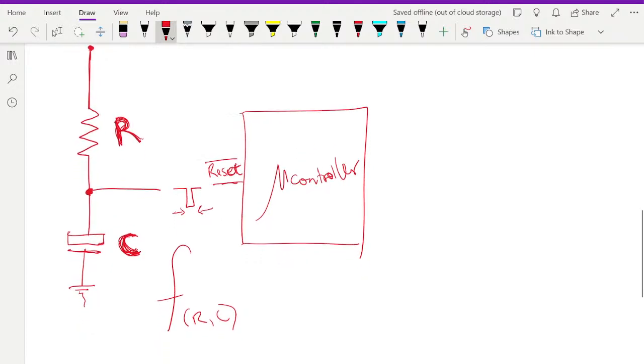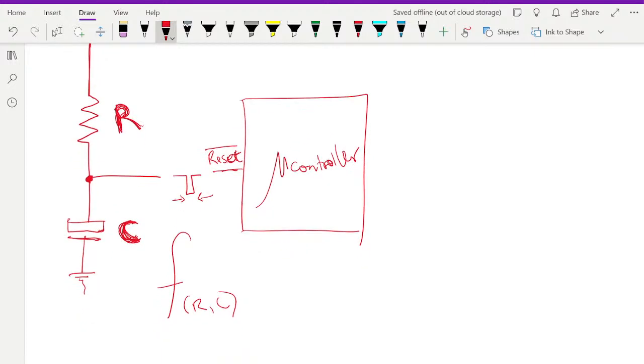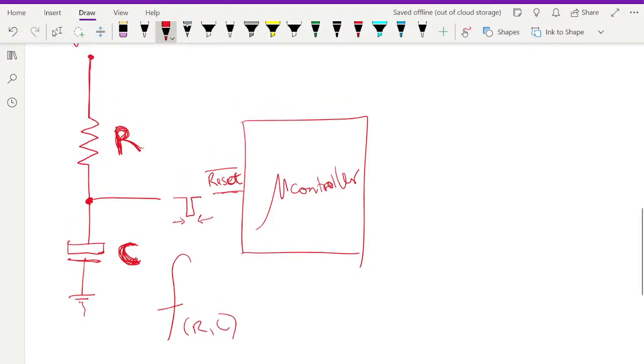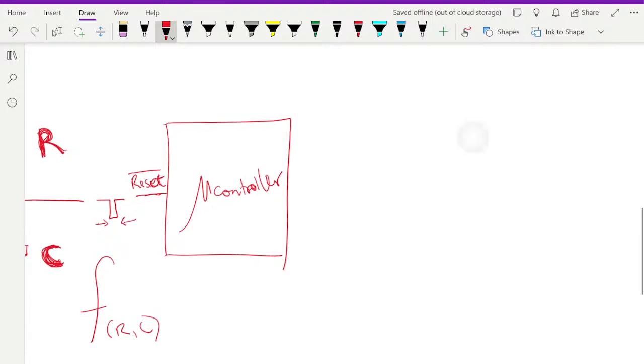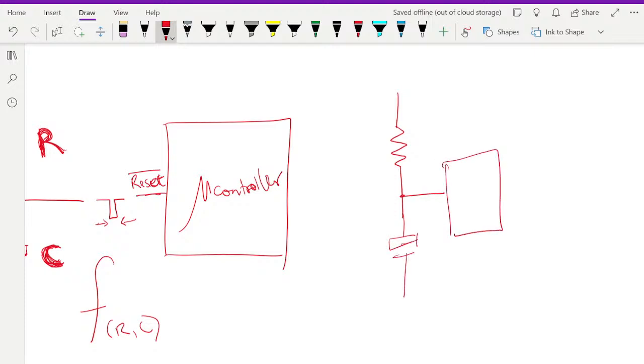This is one way. Another way is to do what we did now, to use the 555 timer and just connect it, so you can actually have more control of the pulse width, right? So you can use the 555 timer in conjunction with this. So do a monostable. Again, the same front end, just that you have a 555 timer here.